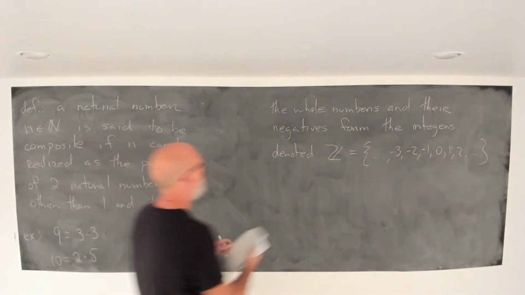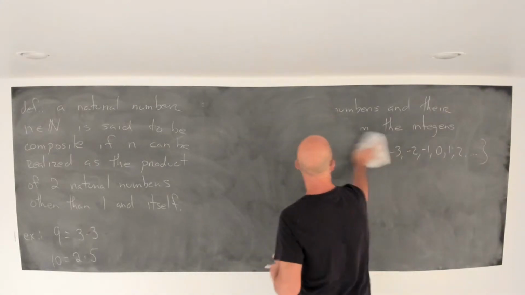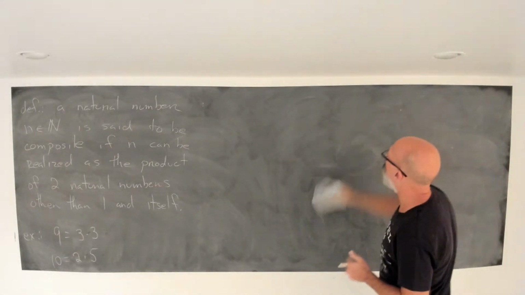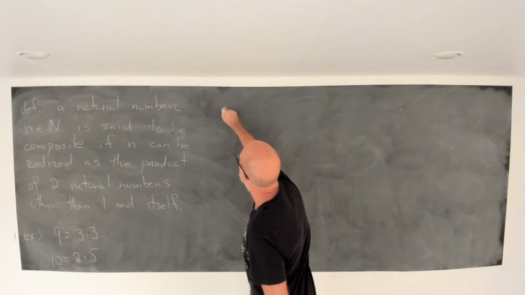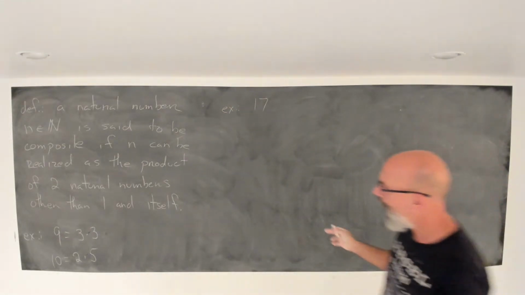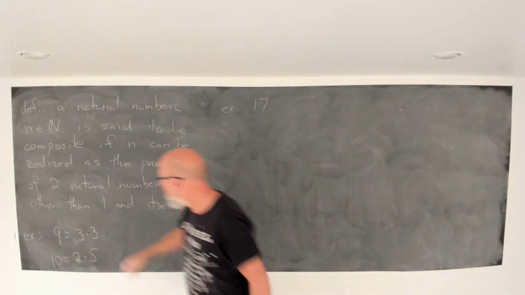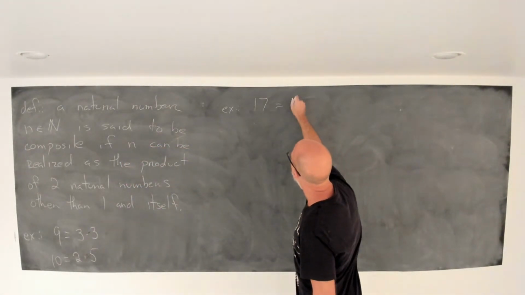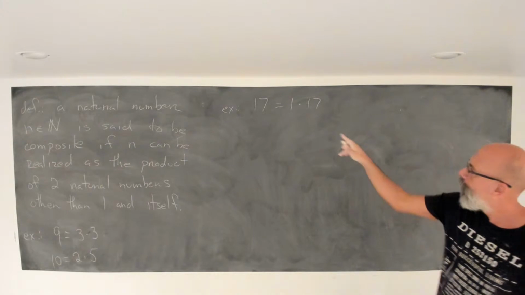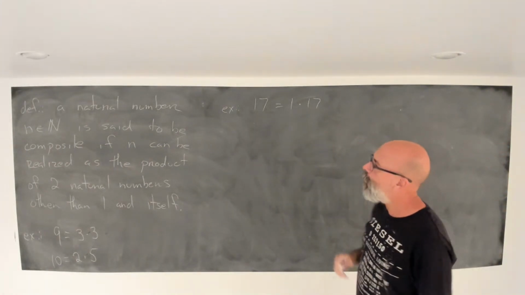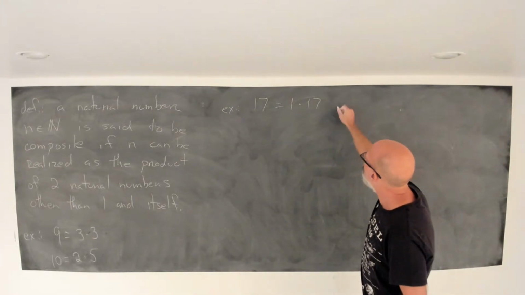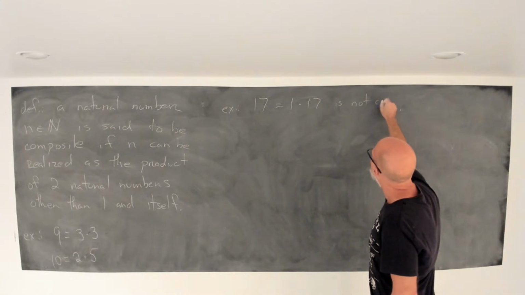But if you consider the number 17 and you try to split it up as a product of two numbers, the only way you can do that is 17 times 1. So 17 does not decompose as the product of two natural numbers other than 1 and itself. 17 is not composite.